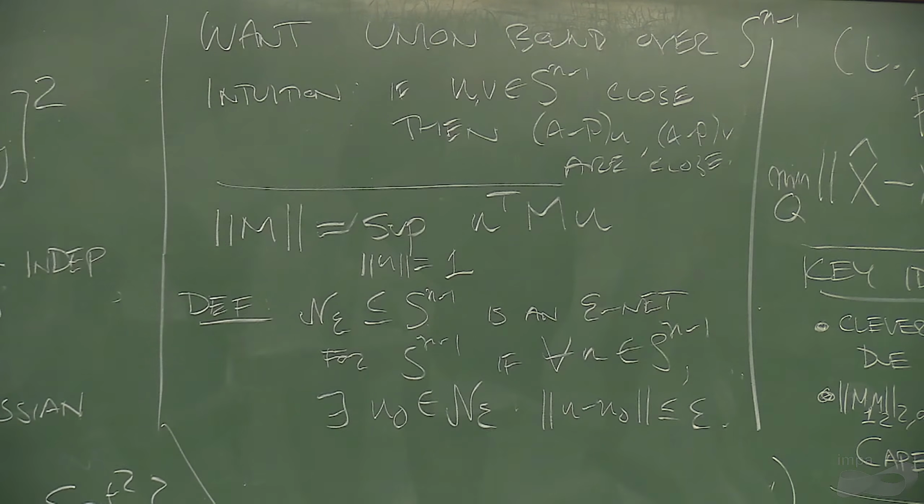It's literally like you cast a net over the unit sphere, and no individual point on that sphere can get away. Everything is within epsilon of some point.